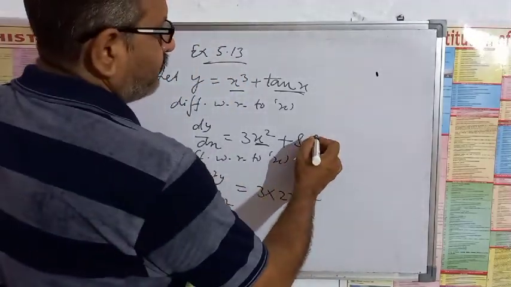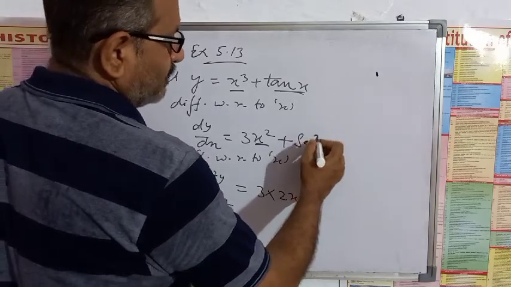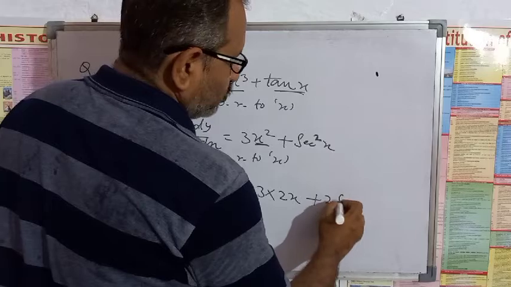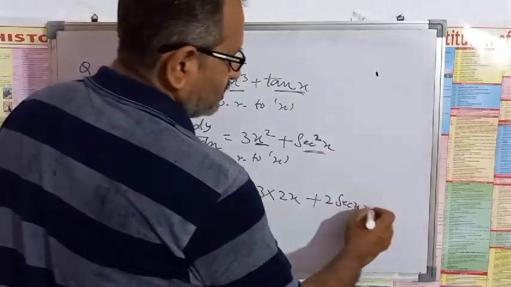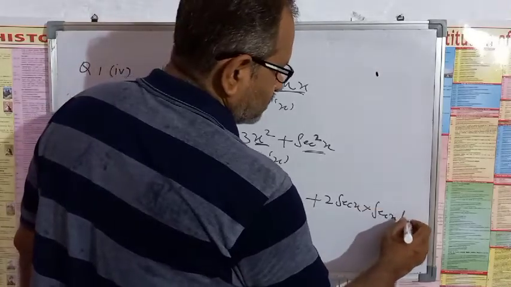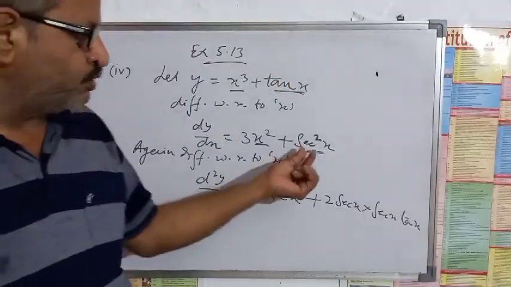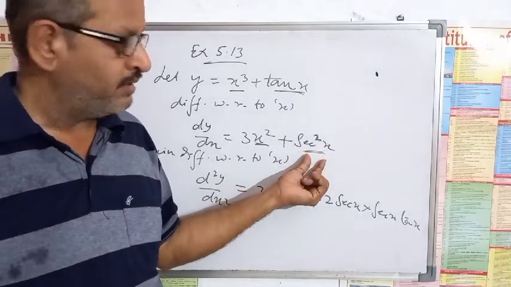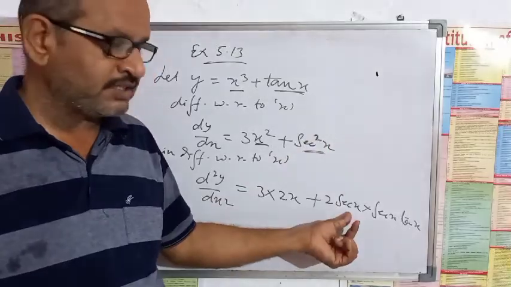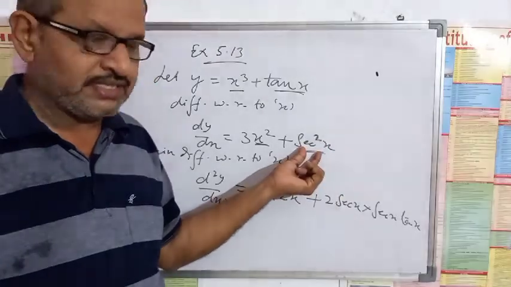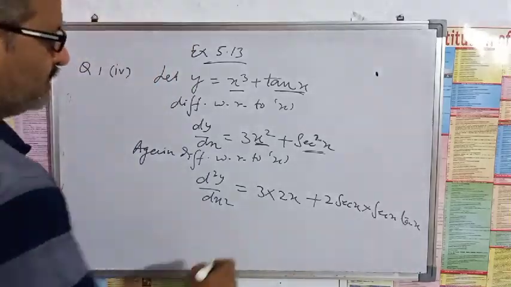So firstly use your chain rule. Firstly we have to remove the power, differentiate the power function. So it will be 2 sec x. And after that differentiate sec x. Derivative of sec x is sec x into tan x.